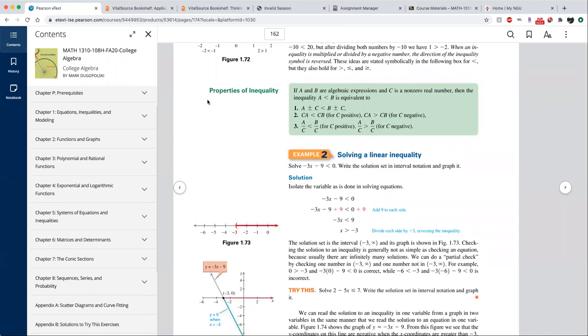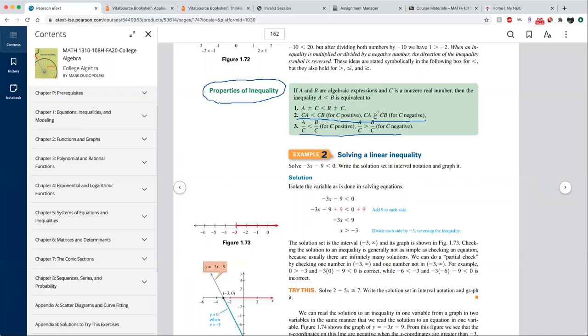You can see the properties of inequality right there. That is similar to the properties of equality that we learned in section 1.1. The only different thing is the third property: when you multiply or divide by a negative number, the inequality is reversed.